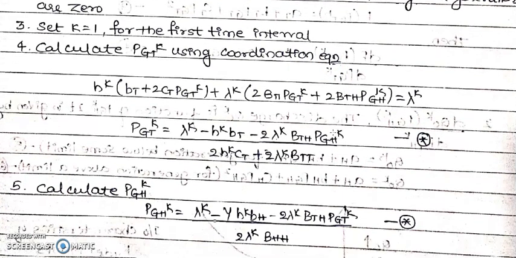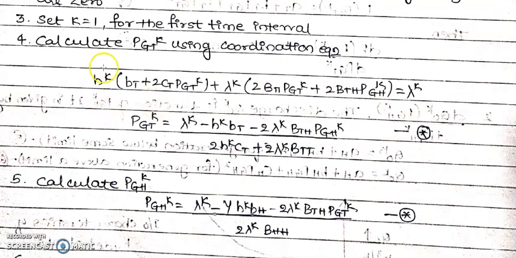The coordination equation for PGT raised to k can be given as h raised to k into BT plus 2 CT of PGT raised to k plus lambda raised to k of 2 BTT of PGT raised to k plus 2 BTH of PGH raised to k, that will be equal to lambda raised to k.